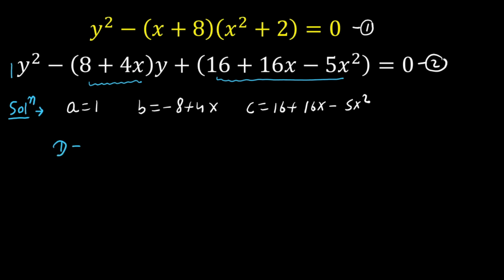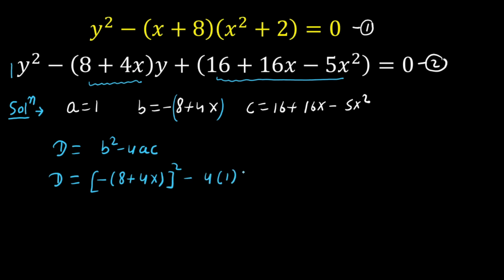We know that the discriminant is b square minus 4ac. D is equal to (minus (8 plus 4x)) whole square minus 4, where a is 1 and c is 16 plus 16x minus 5x square.